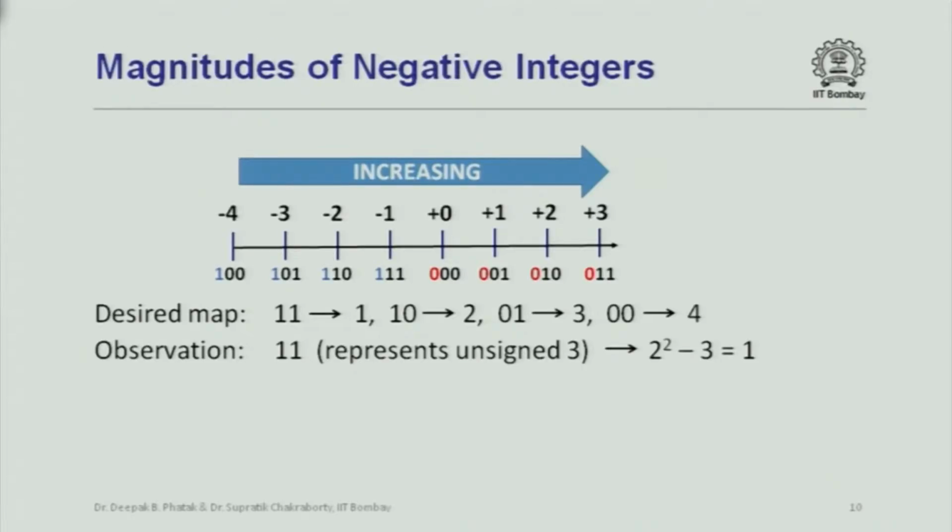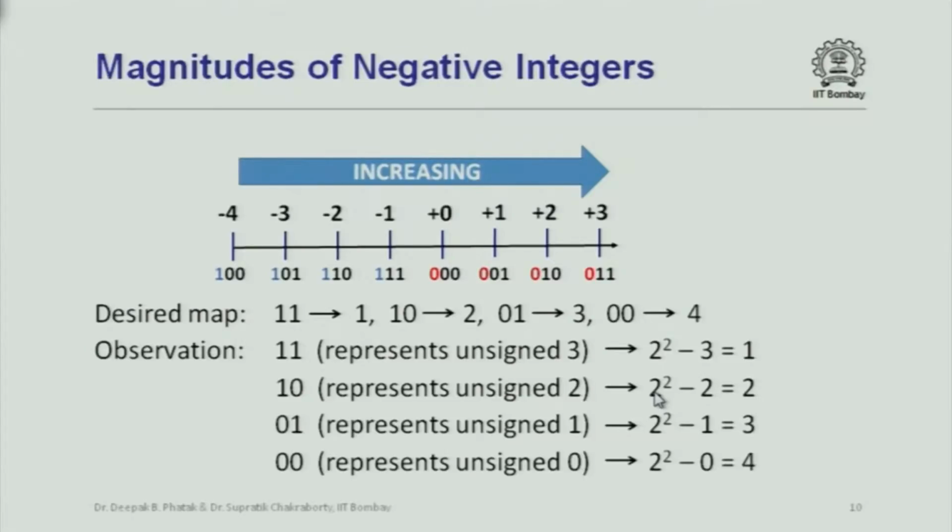And one way of sort of looking at that pattern is that you look at 1, 1, this represents the unsigned integer 3, and the number that I wanted to represent is 4 minus 3. Okay? You look at 1, 0, which represents the unsigned integer 2, and the number that I wanted to map to is 4 minus 2. And similarly, 1 I wanted to map it to 3, and 0 I wanted to map it to 4.